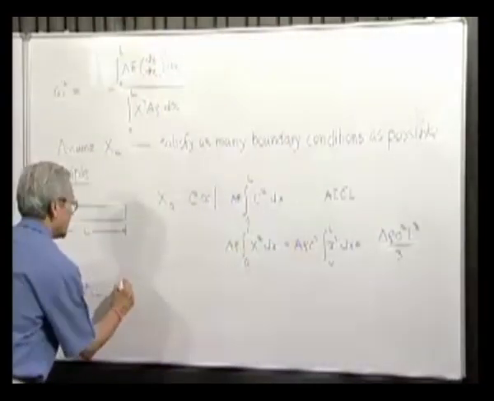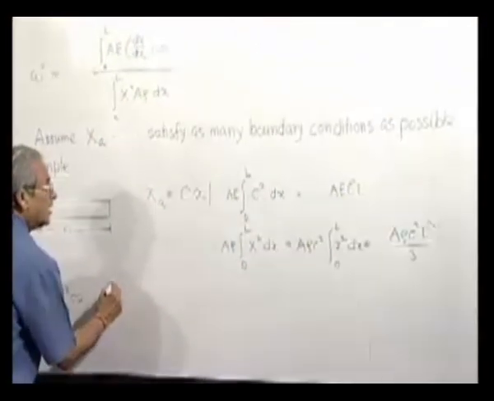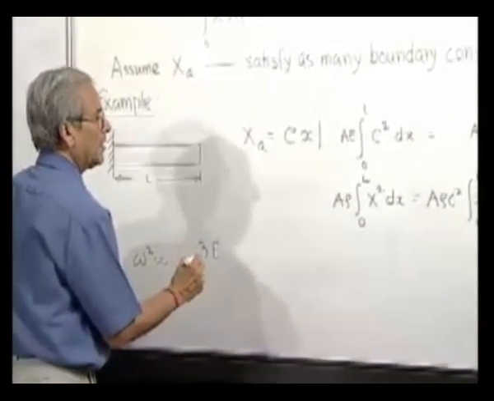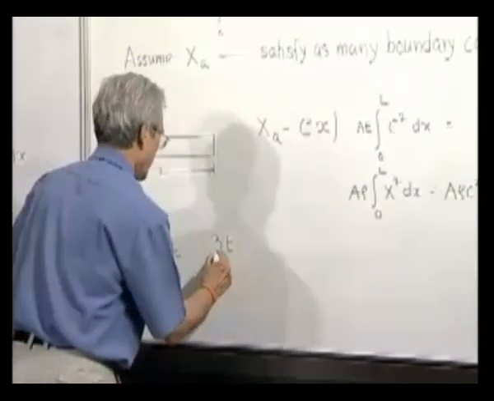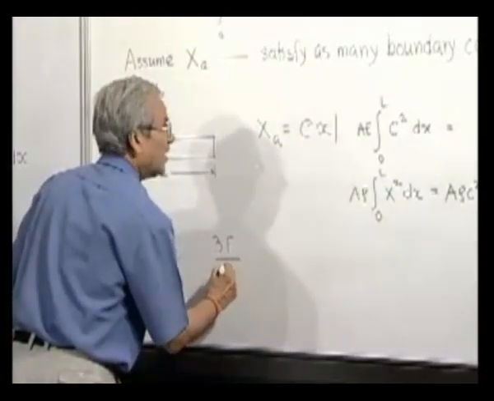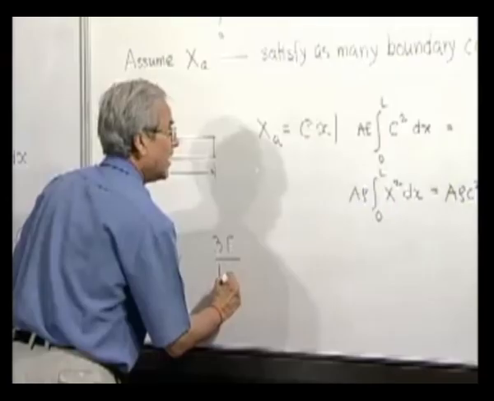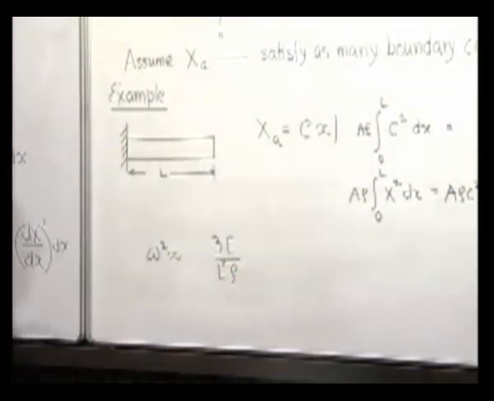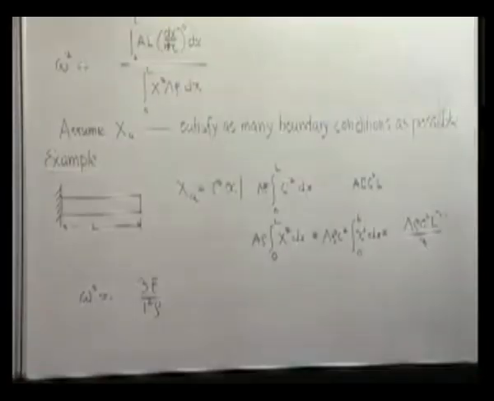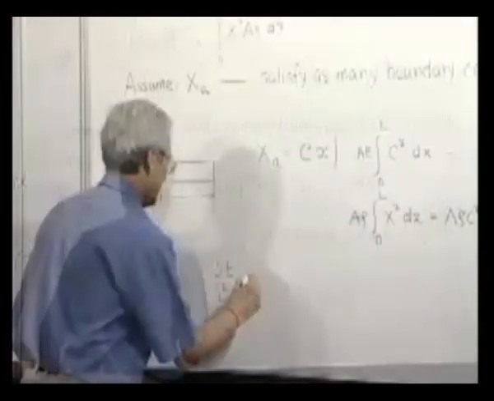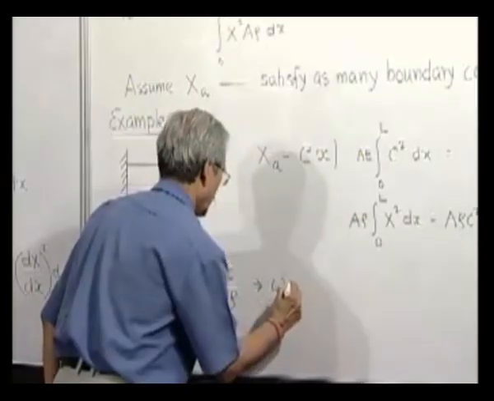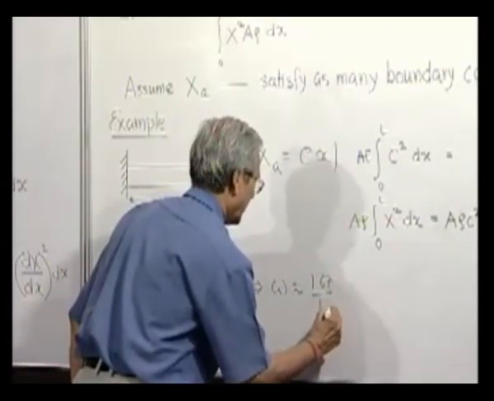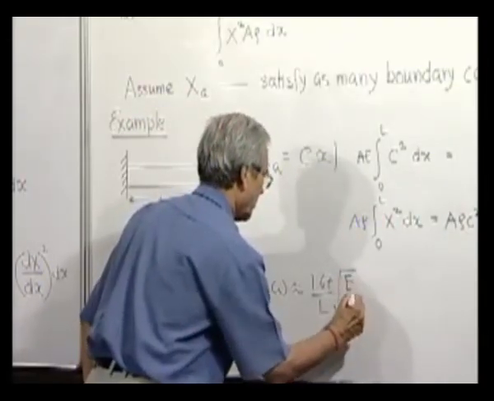So what we get is omega square equal to 3E by L square rho, or omega is approximately equal to 1.73 by L square root of E by rho.